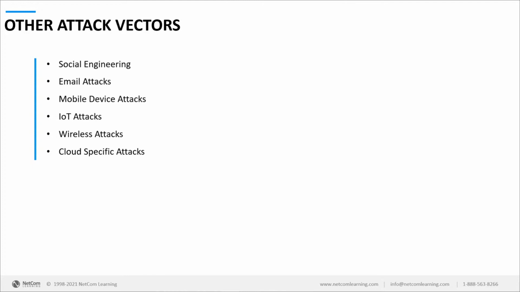Okay. Mobile device attacks, huge. Let's face it, there are more mobile devices than there are computers, and everybody has a mobile device. Prolific. It's harder to tell what's going on in a mobile device. We're using SMS messaging, right?